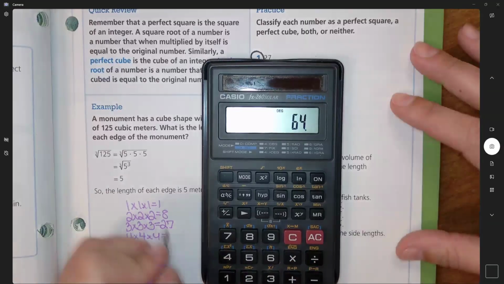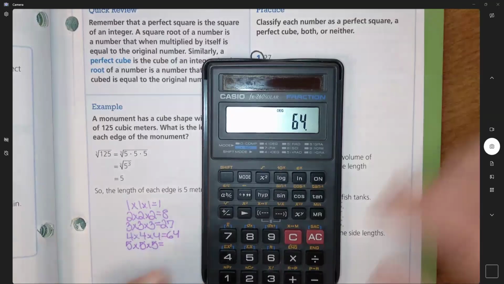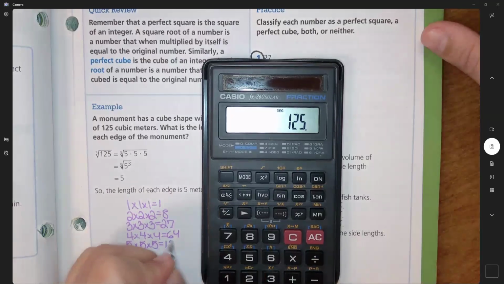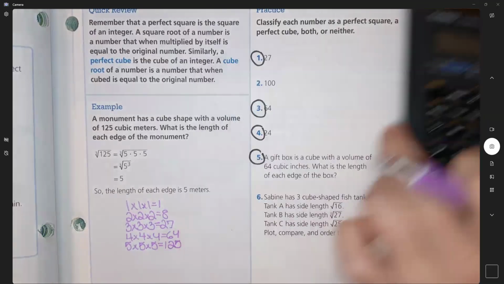We don't want to think. 5 times 5 times 5, I think is 125. Yeah. And I don't see any number bigger than that. So we're going to stop there for now.